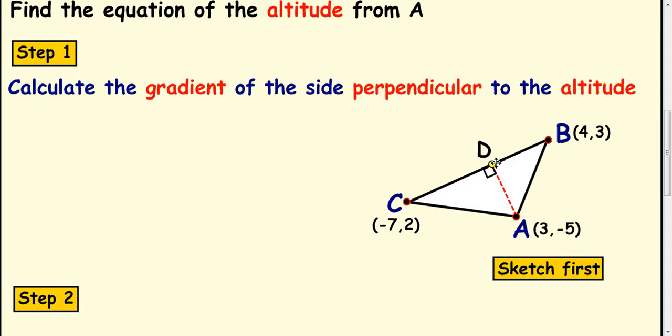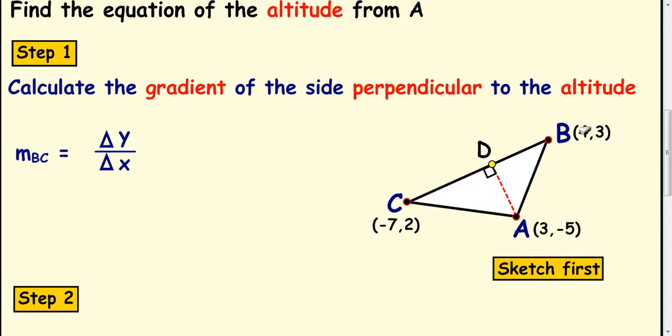So what we can do though is we can work out the gradient of CB. You can get the gradient of that part, and since we know that when you multiply two gradients that are perpendicular you get -1, we can use that to get the gradient of AD or DA. So calculate the gradient of CB first, or BC. So gradient of BC equals delta y over delta x.